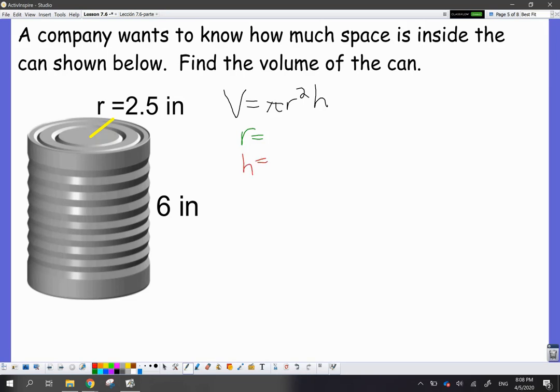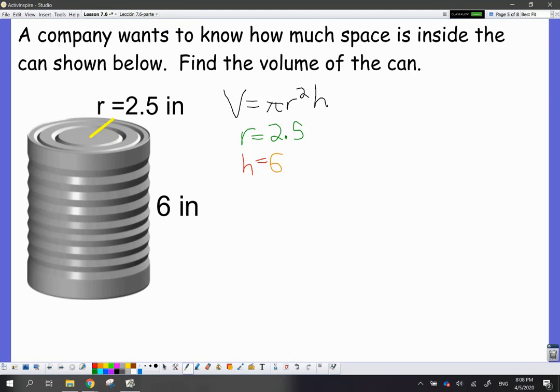So we can see that the radius is 2.5 inches. It's given to us here. So we know that r will be 2.5. And the height is also given to us. It's 6 inches. So we have that. So now let's plug it into our formula for volume.